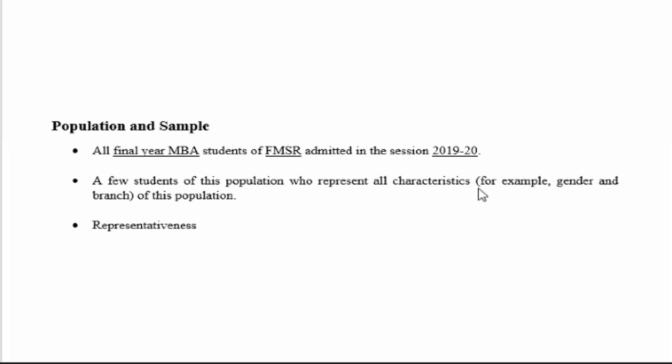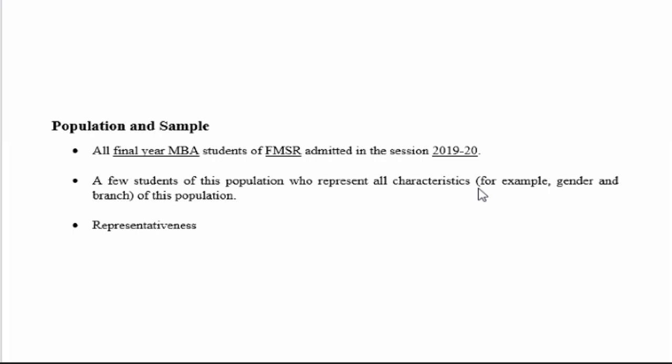Say there are 120 students in four groups of MBA, MBA IB, MBA Islamic Banking, MBA Hospital Administration. So 120 in the first year and similarly 120 in the final year. So one way is that we collect this feedback from all 240 students of the department who are currently enrolled.